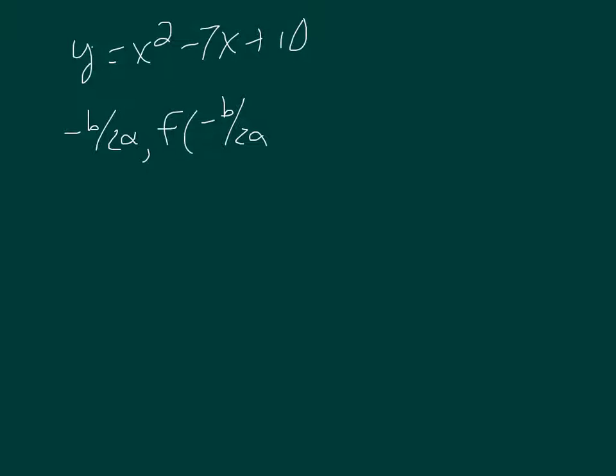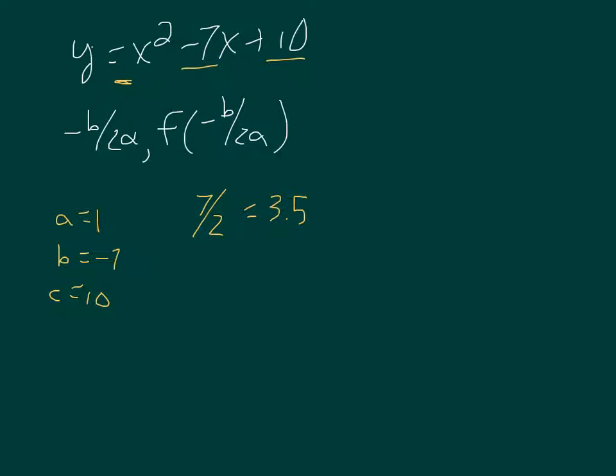In our scenario, a is 1, b is negative 7, c is 10. So negative b over 2a is 7 over 2, which is 3.5. Then I plug 3.5 into my equation, and I would get the value that I'm looking for.